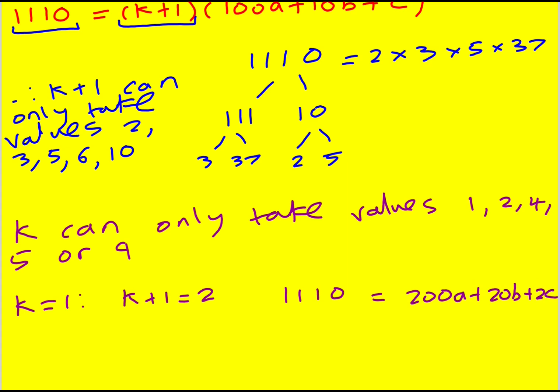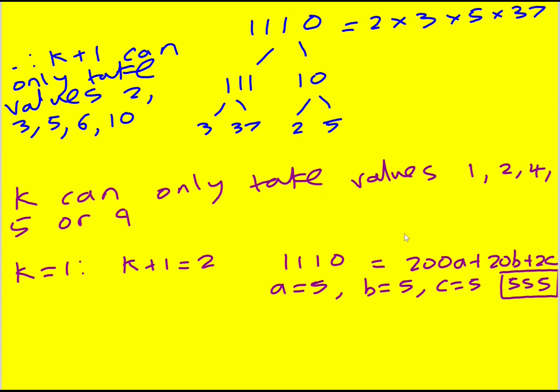And then figure out a, b, and c from here, remembering that they are single digits. So a must equal 5 to get us up to 1000. 6 would be too much. You can't have b as negative. Then we'd be left with 110, so b would have to equal 5 to get the 100 from that. And c would equal 5, which would give us 555. This is quite a slow process though, and actually not necessary.